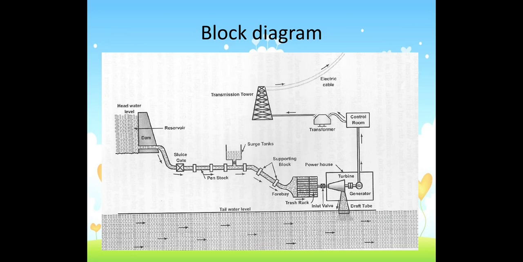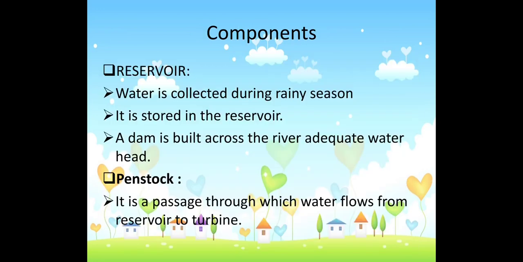This is a block diagram. You can understand the components in the diagram: head water, reservoir, dam, sluice gate, penstock, surge tank, supporting block, inlet valve, generator, turbine, powerhouse, transformer and control room. The reservoir is where the water is collected.